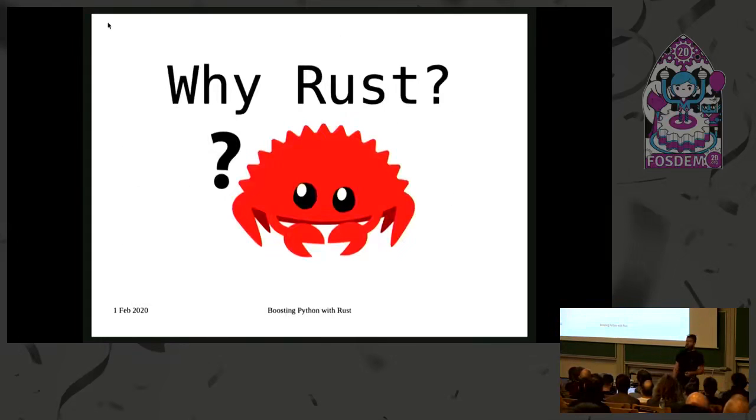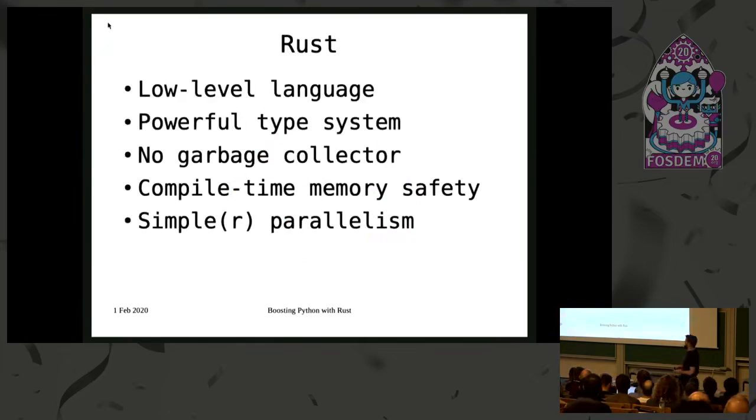So why did we choose Rust? I just said that we had like 40,000 lines of C code, so why move to Rust? Why use Rust in general? As a recap, Rust is a low-level language with a very powerful type system. It has no garbage collector, which is quite important when you're trying to interface two languages.